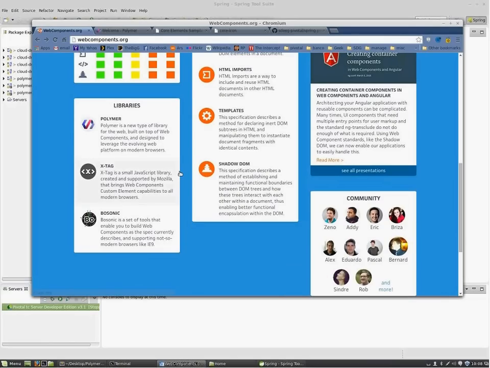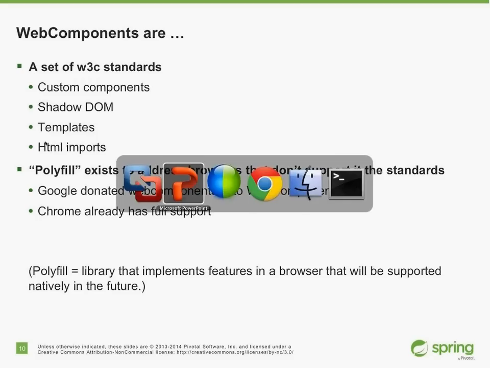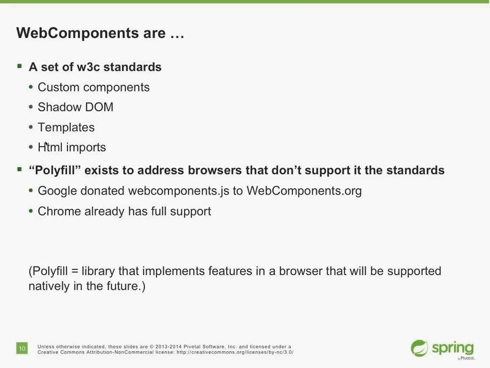And our popular libraries. Polymer is the library really sitting on top of these web components. There are others, such as Xtag, which you may have heard of from Mozilla, also on top of web components. For browsers that don't support web components yet, and most of them don't fully support them, there is a polyfill, which implements all of the behavior that ultimately will be supported by the browsers once they finally get that far.